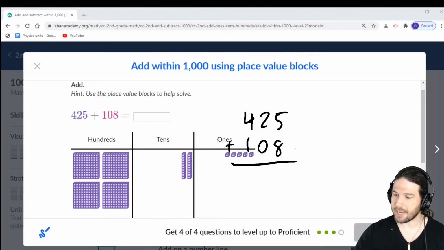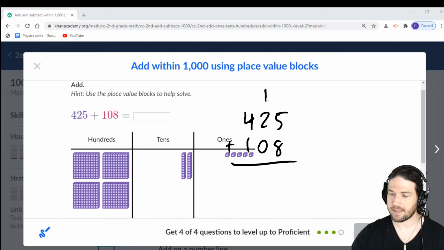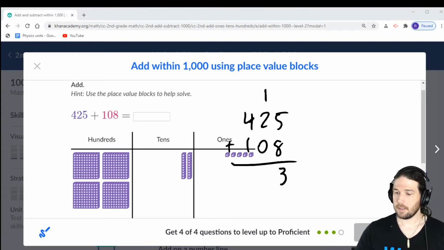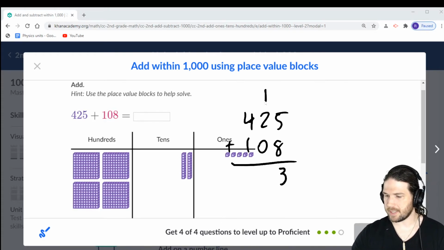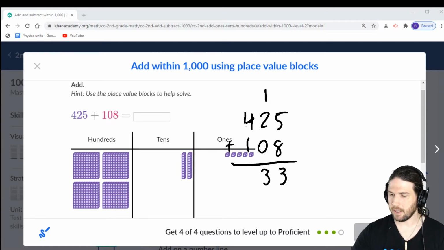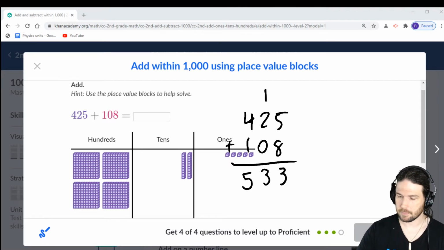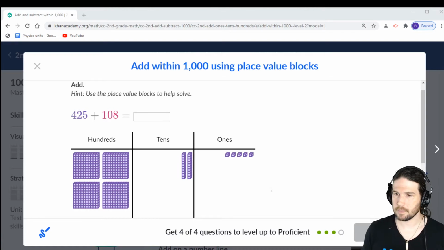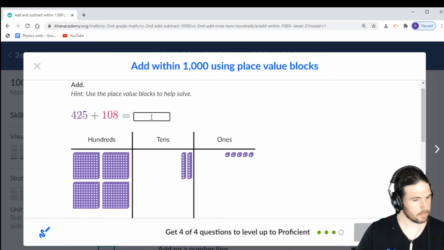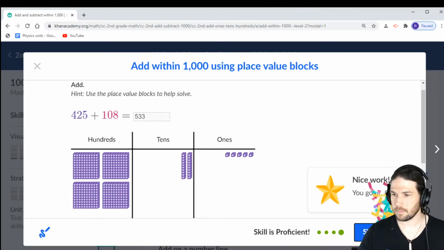I see that 8 and 5 is 13, so I'm going to take that one group of 10 and leave the ones. Okay, so I've got 20 and 10, so that's 30, and then 400 and 100 is 500. My answer is 533. And that's that.